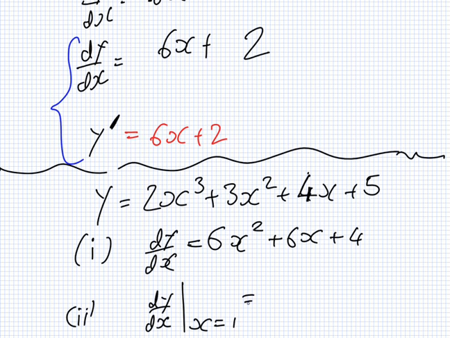You forgot the 0 again? Yeah. Okay, did you get that? Then for the next part, what's the only difference? Substitute x is 1. So you have 6 times 1 squared, plus 6 times 1 plus 4. So that's 16.